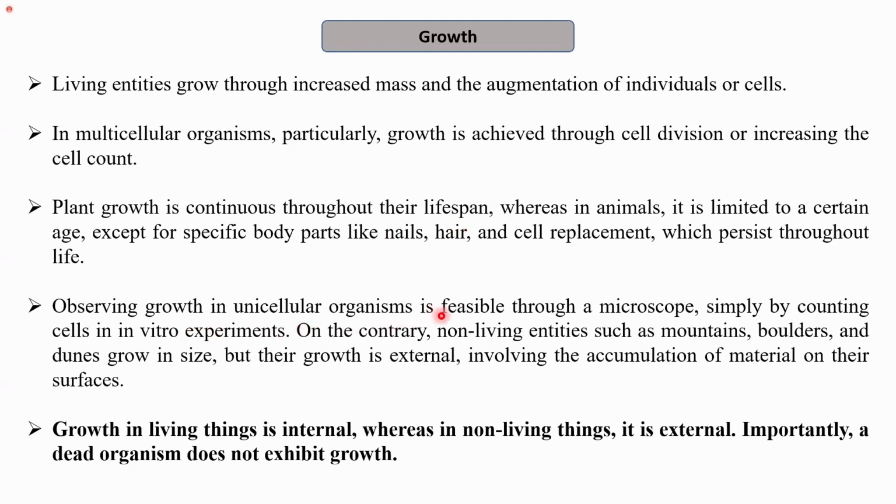Observing growth in a unicellular organism is feasible only through a microscope, because unicellular organisms are difficult to see with the naked eye. We can simply count the number of cells by performing in vitro experiments, which are experiments performed in test tubes or laboratory conditions.